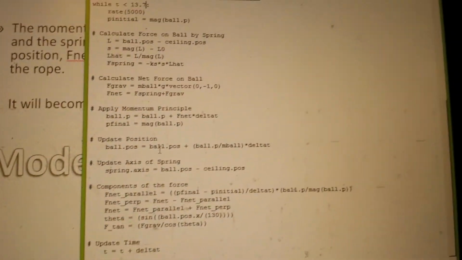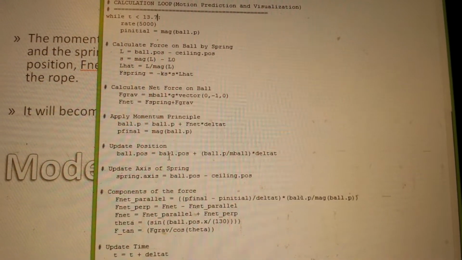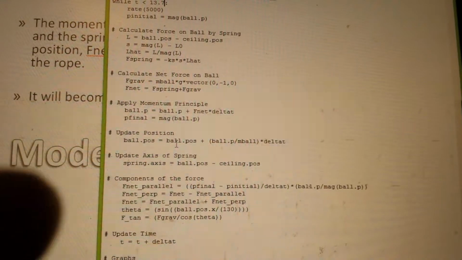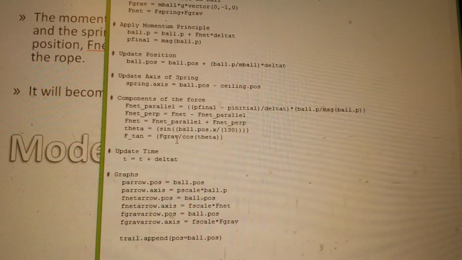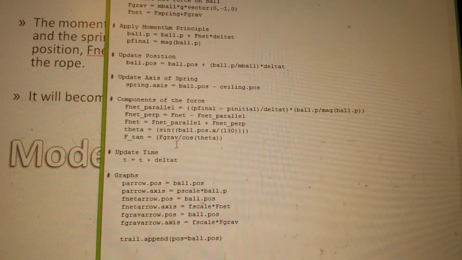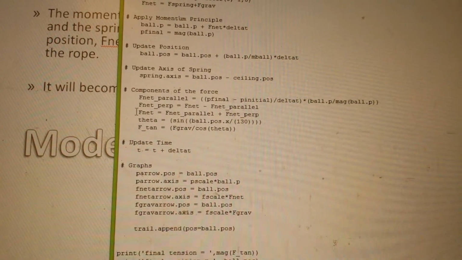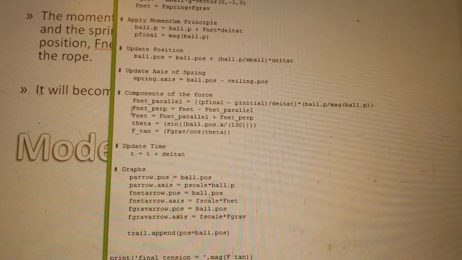Continue down. When you look here, you can see the momentum principle being used. And then you can see that I updated my position at every point in time interval. I calculated the respective components of the force. Net force, right here. And then F-net is the addition of F-net parallel and F-net perpendicular.